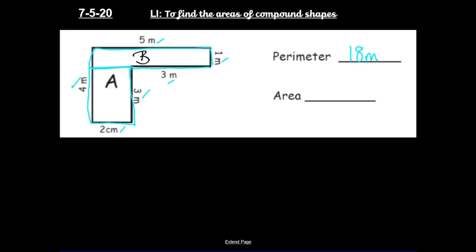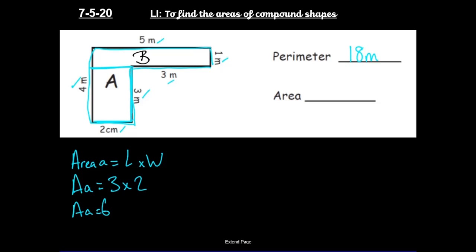So shape A. I've got the area of A. The area of A is going to equal, well, it's not 4, because 4 goes all the way to the top, it's going to be this 3 here, multiplied by this 2, because it's length times width. So the area of A is equal to 3 times 2, which is 6 meters squared.